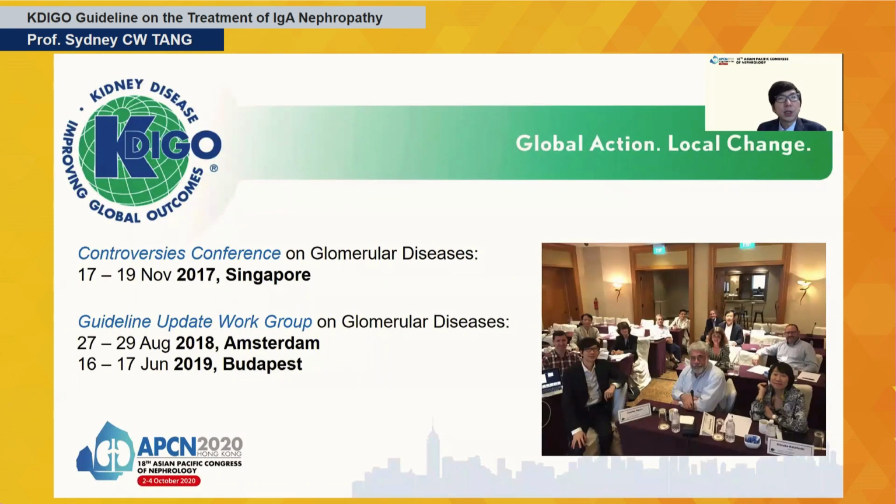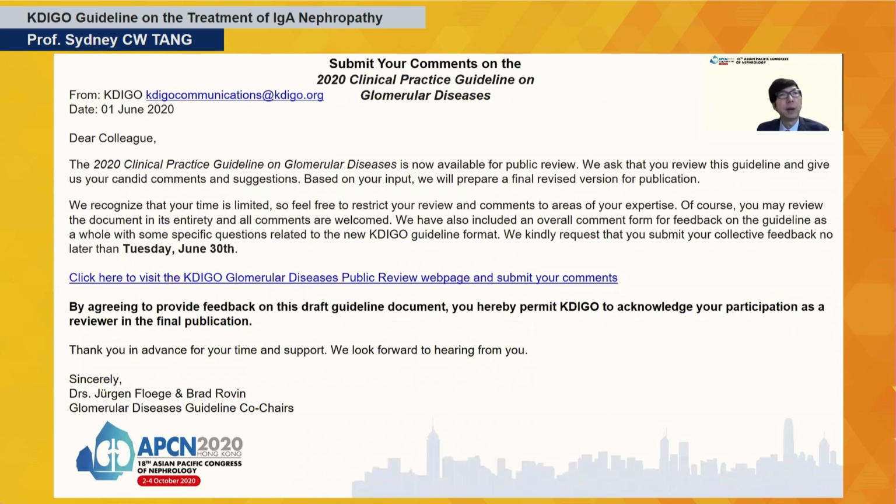And in fact, it started with a controversies conference held in Singapore, followed by 2 workgroup meetings during the ERA-EDTA, where the workgroup discussed how to update this guideline, followed by many more correspondences to improve the update.